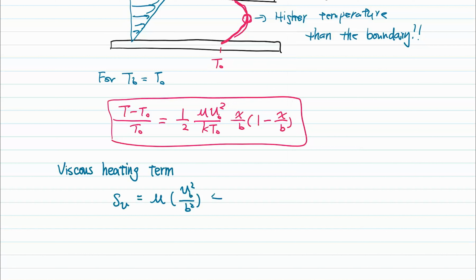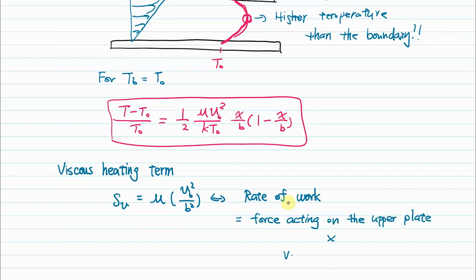And basically, this refers to the rate of work. And it equals what? It equals the force acting on the upper plate times the velocity of the plate.